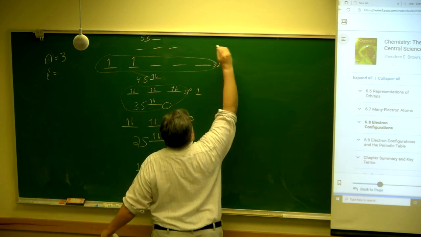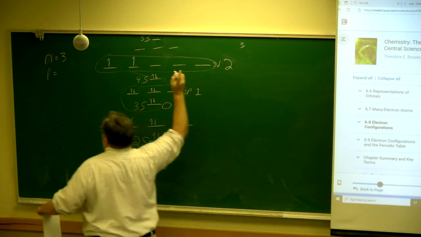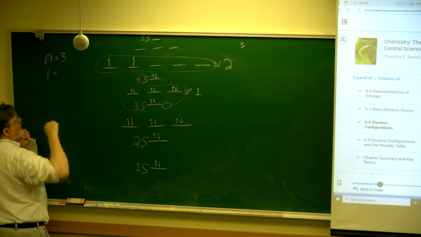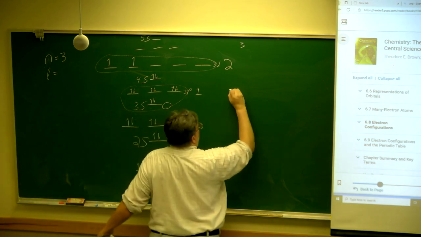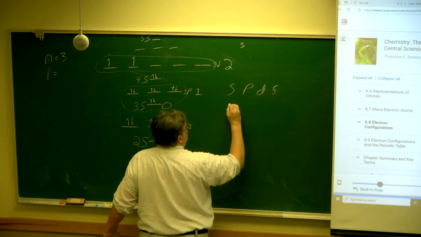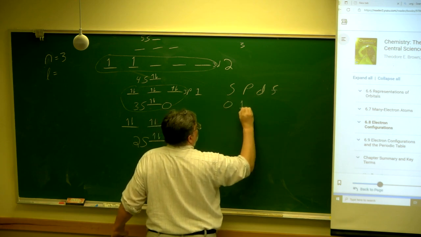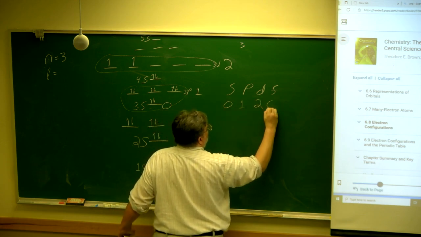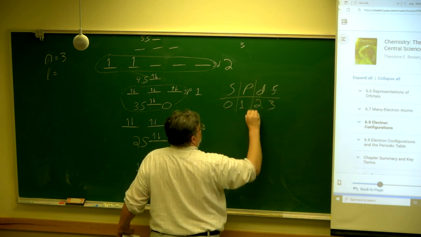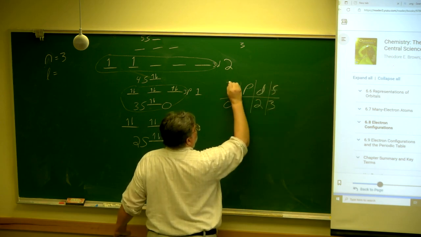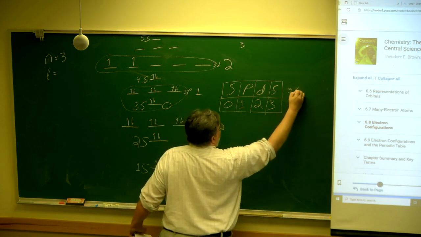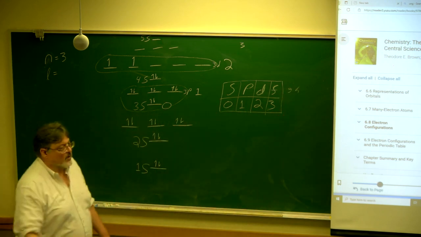And when you get to the F orbitals, they're 3. Let me write this. If you followed what S, P, D, and F are, it's literally just a translation to these numbers. S means 0, P means 1, D means 2, F means 3. There is a G and an H, which would be 4 and 5.